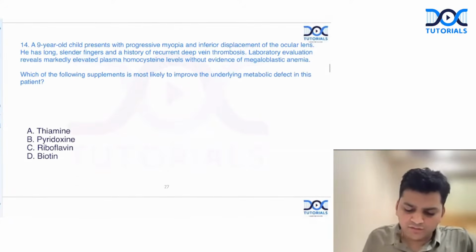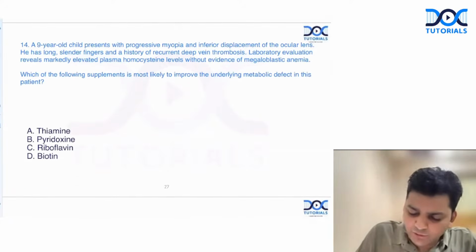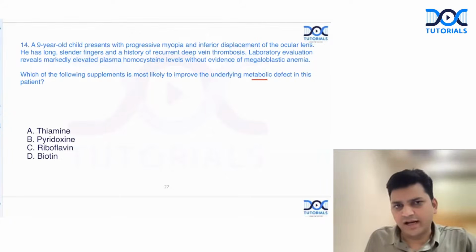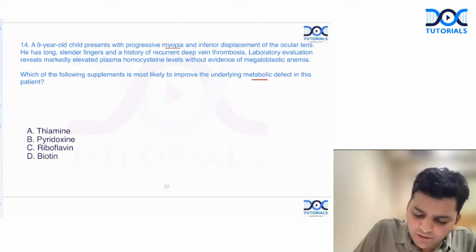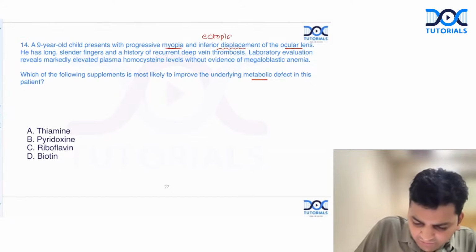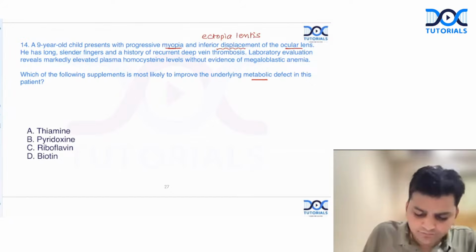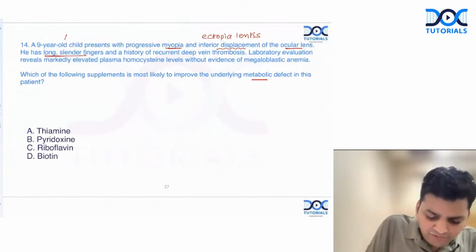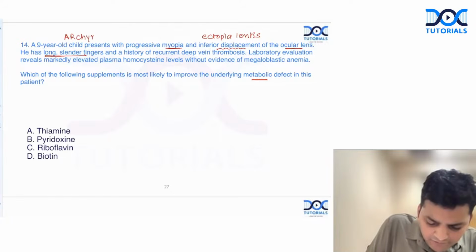Which of the following supplements is most likely to improve the underlying metabolic defect? A 9-year-old child presenting with progressive myopia, the inferior displacement of the lens, that is ectopia lentis. There are long cylindrical fingers, that is arachnodactyly.